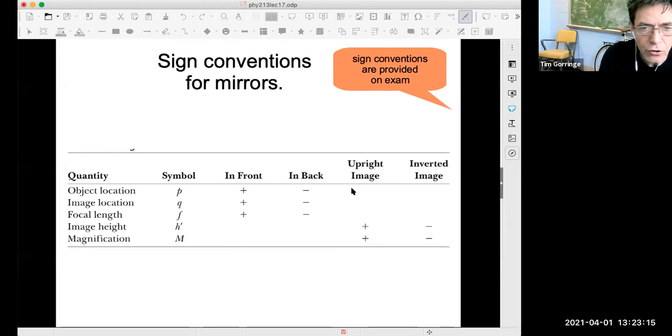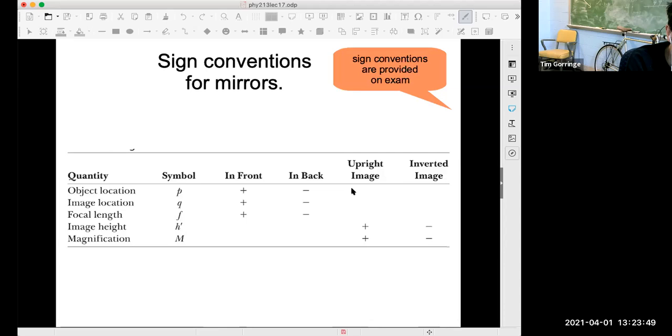So we've now talked about planar mirrors, ray tracing, equations, convex and concave mirrors, ray tracing, and equations. And an easy place to get things wrong about the formation of an image from an object has to do with these sign conventions that we've been using for the equations for finding an image from an object. And so this is a table.